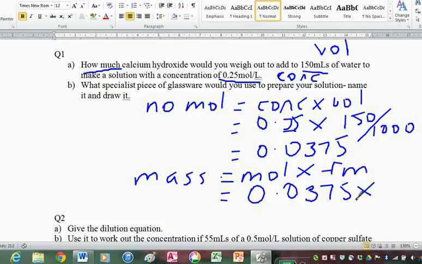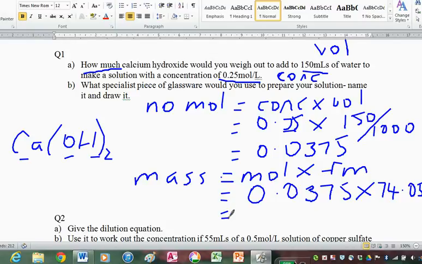Calcium hydroxide. So calcium hydroxide's formula mass is 74.056. And where did that come from? Recognizing that that's the formula for calcium hydroxide, and I've added the mass of the calcium to 2 lots of the mass of the oxygen plus 2 lots of the mass of the hydrogen.